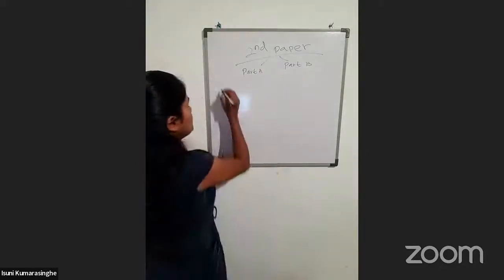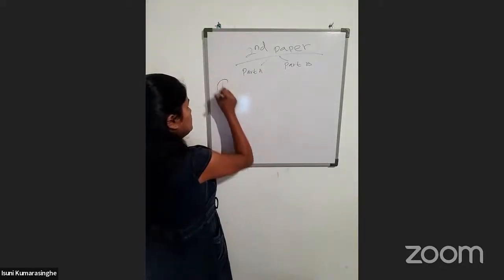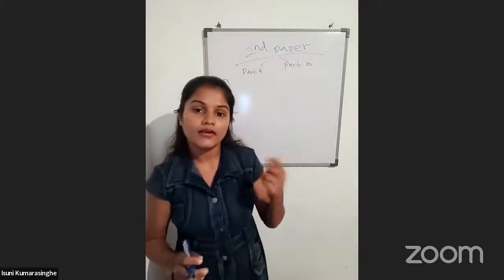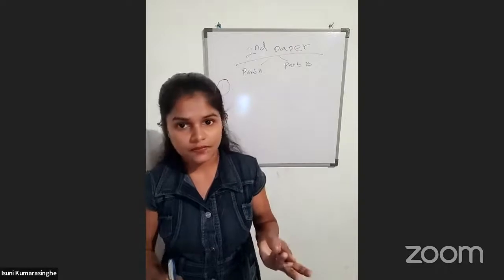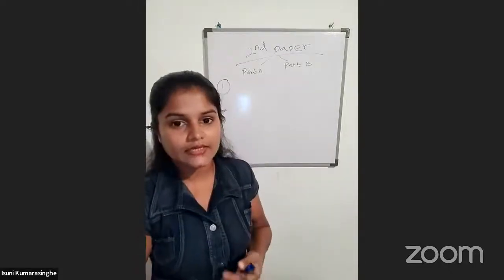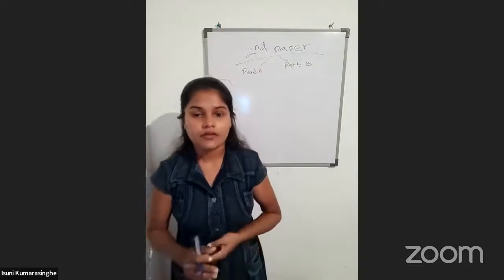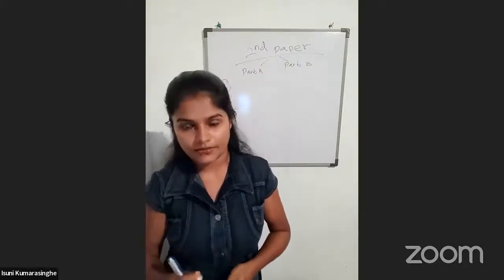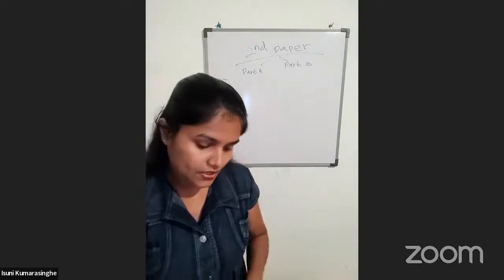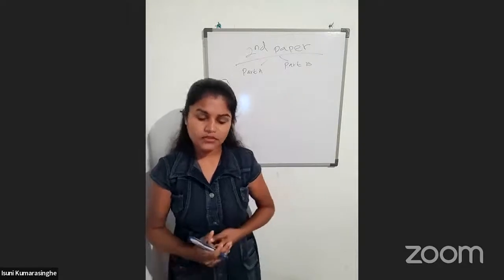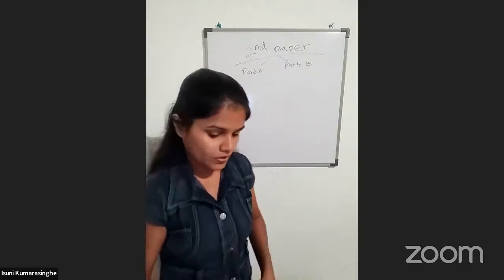Here, normally, the first question is allocated for the biosphere. The lesson called biosphere is the last lesson in grade 11, that means the 15th lesson of the grade 11 book.